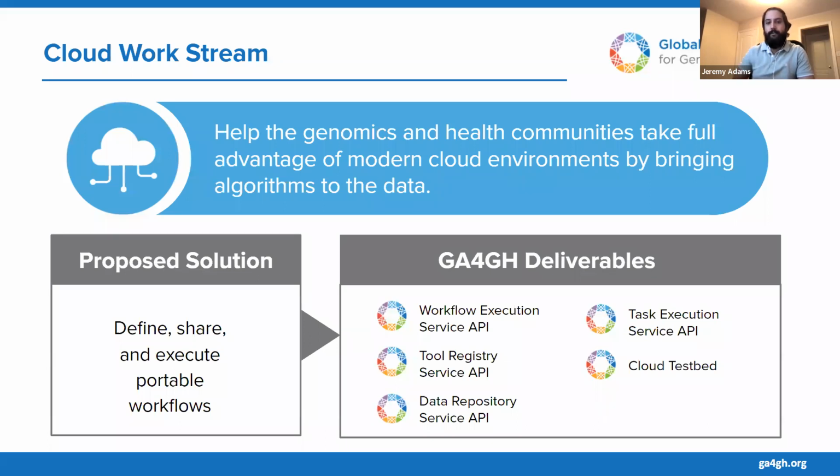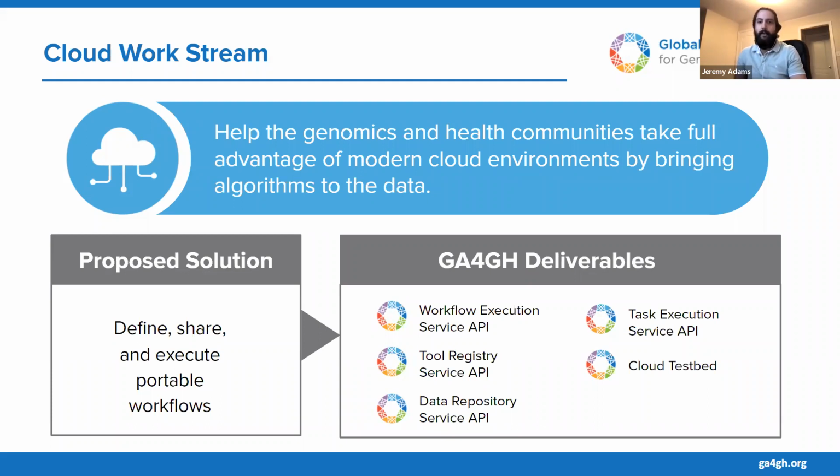The Data Repository Service, or DRS, allows clients to choose from multiple copies of an existing data set to submit to a workflow based on factors of efficiency. So they can choose the copy of data that is most efficient, considering geographic proximity, or considering the cloud platform hosting the data.